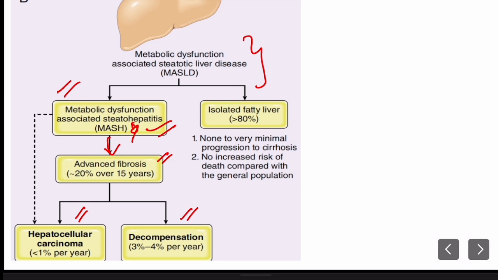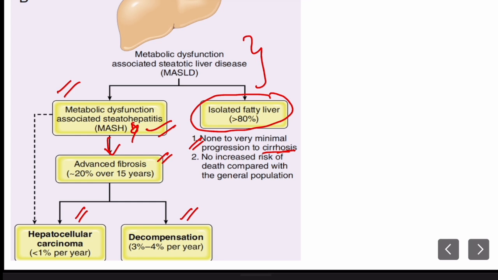But most commonly, in more than 80% cases, there is only isolated fatty liver or steatotic liver disease, and this condition is very much reversible, and there is minimal progression to cirrhosis, almost never progresses, and there is no increased risk of death as compared with the general population.